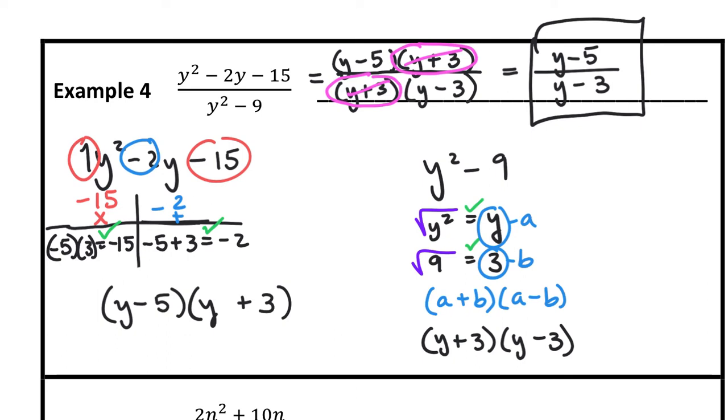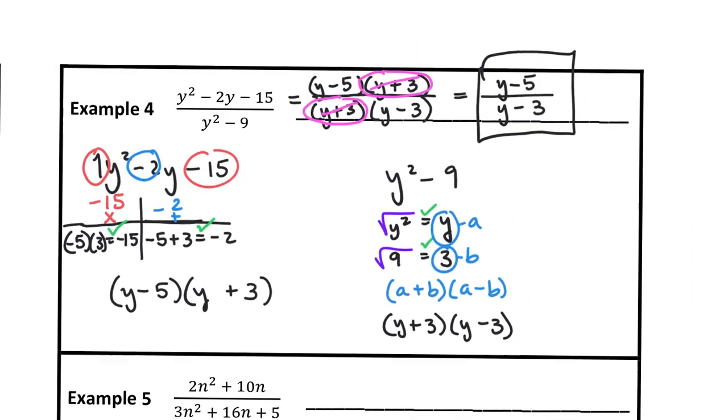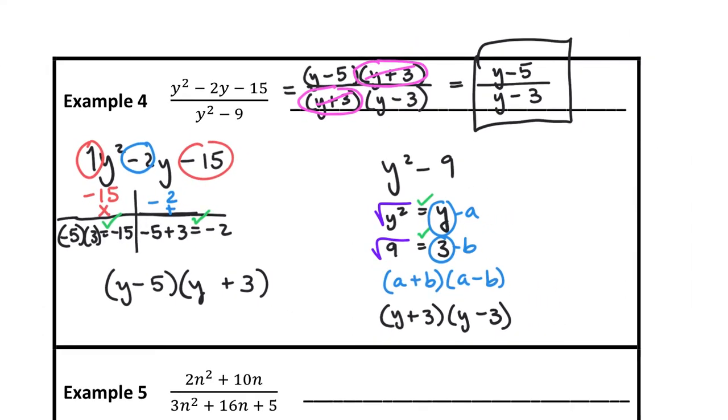So that's one answer, right? But let's not forget that I still needed to take the bottom. Y minus 3 is the bottom. Set it equal to 0 and solve for y. So add 3, these cancel.